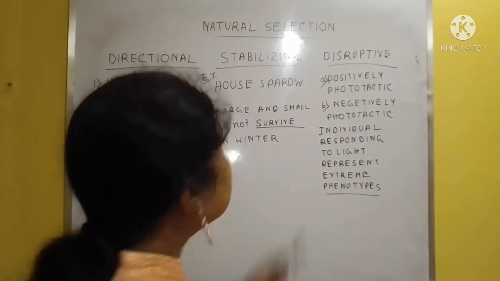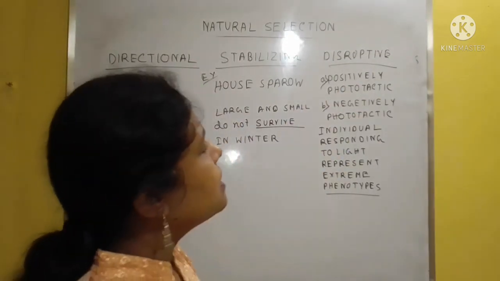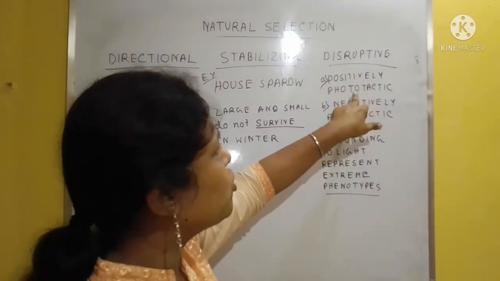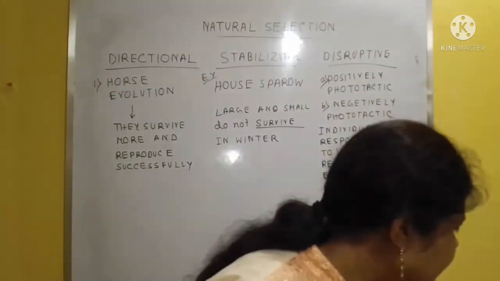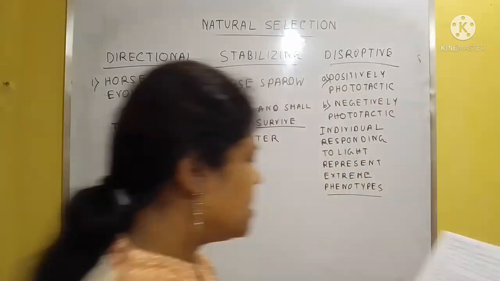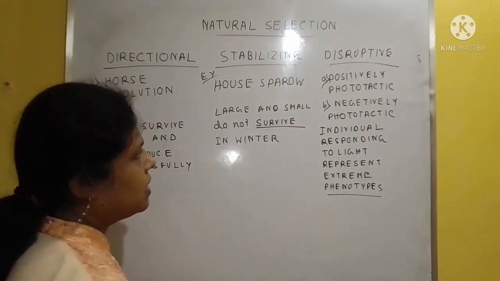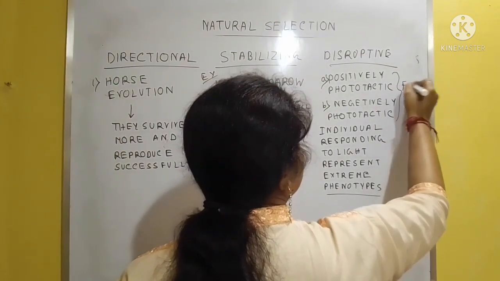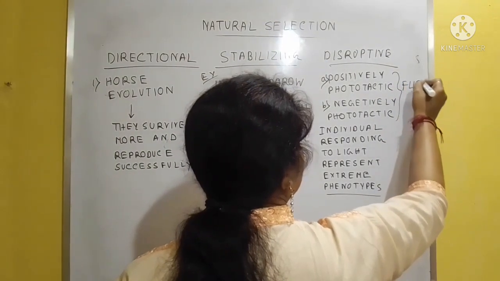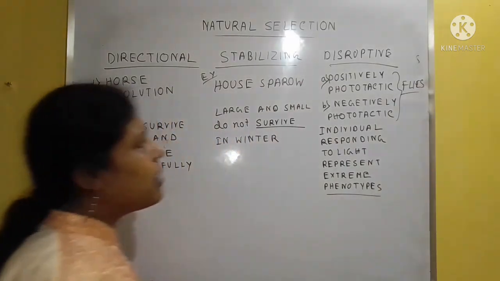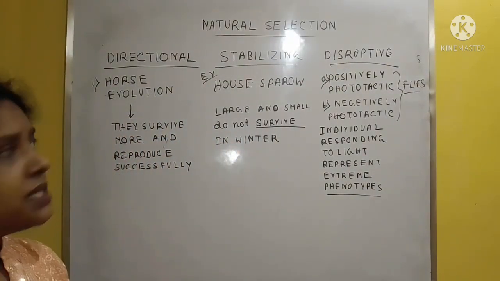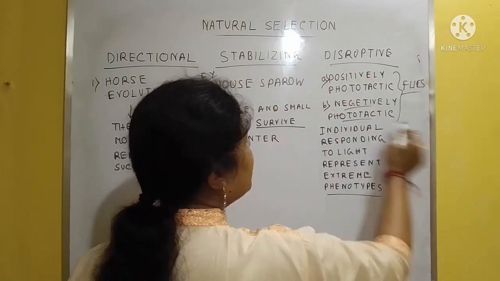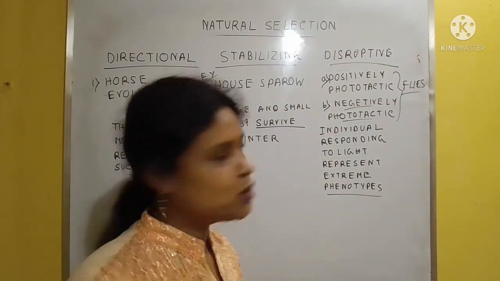In the case of disruptive selection, we take the example of positively phototactic and negatively phototactic flies. Some flies are positively phototactic and respond to light, and some are negatively phototactic and cannot respond to light.